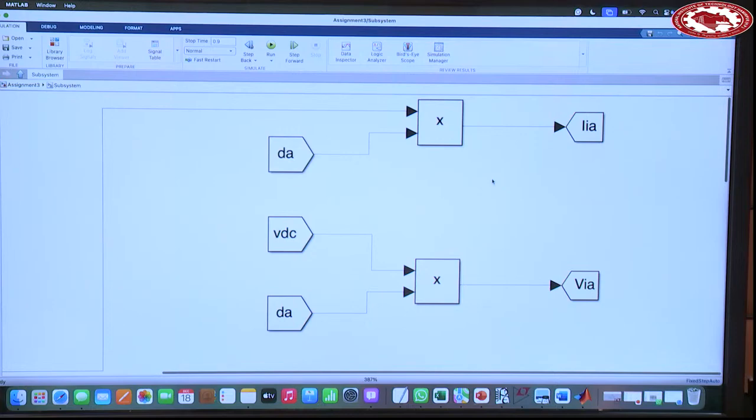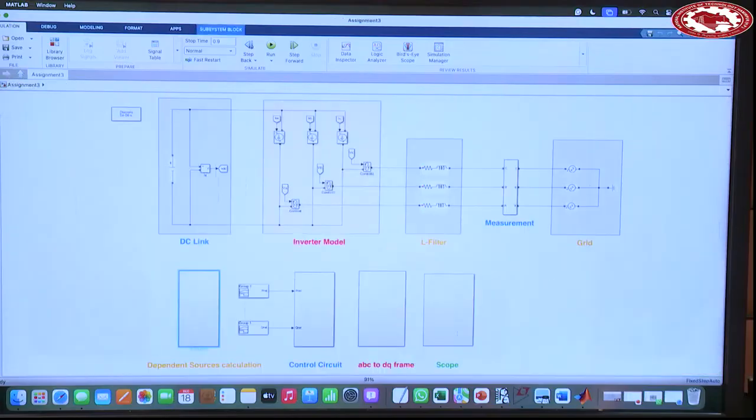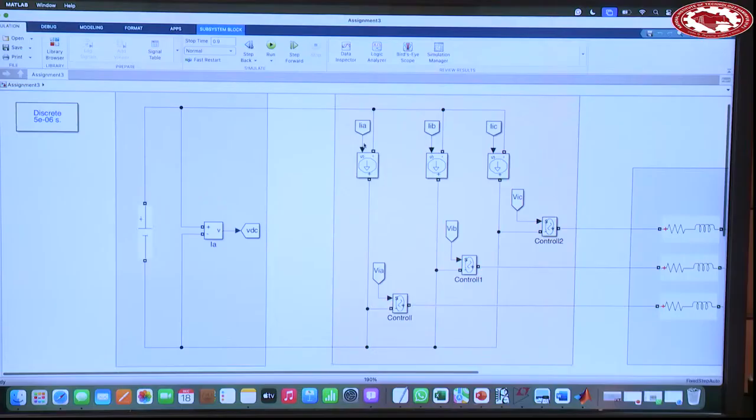What is the value? DA IA. So here DA, IA is coming, DA times IA. What is the voltage value? DA VDC. So DA times VDC. This VIA and IIA should be given to phase A. Similarly, for the other phases this is generated.